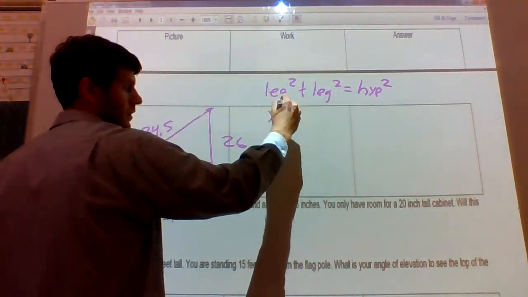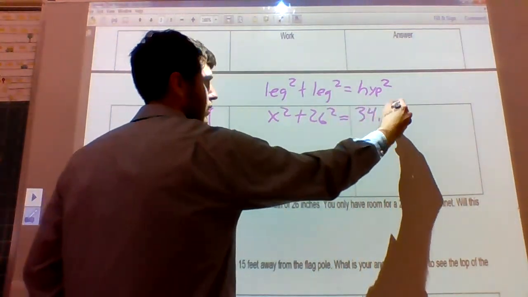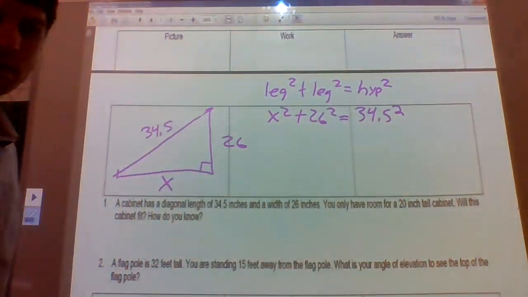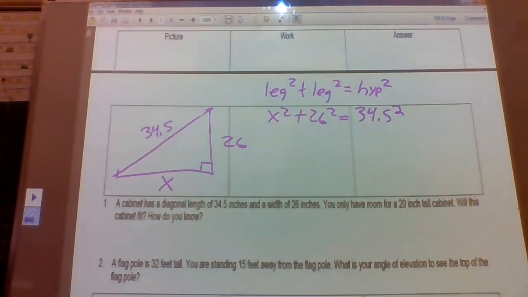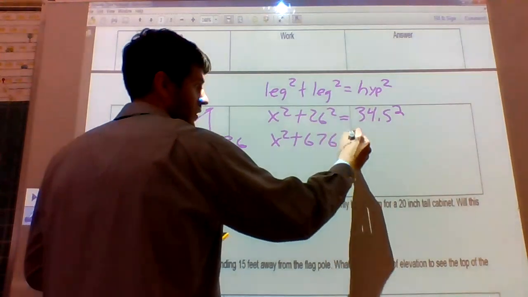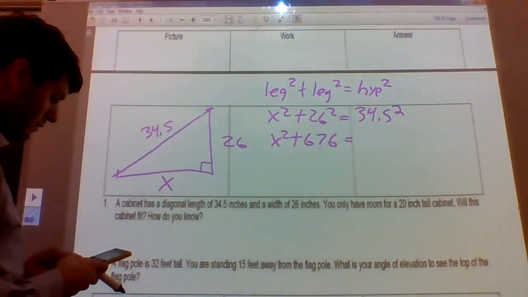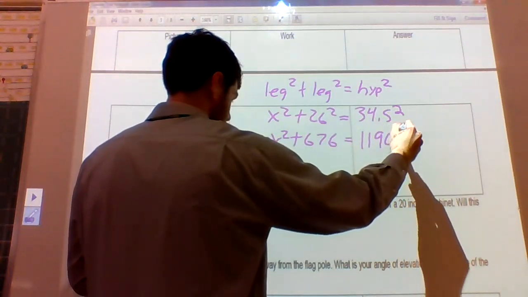So x squared plus 26 squared equals 34.5 squared. 26 squared is 676. 34.5 squared is 1190.25.